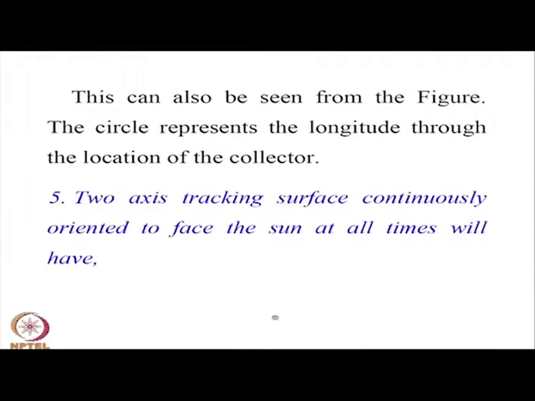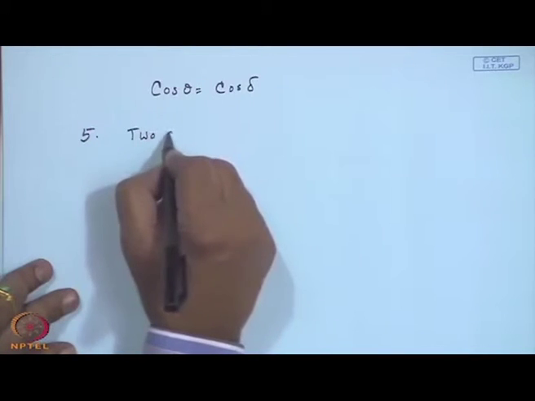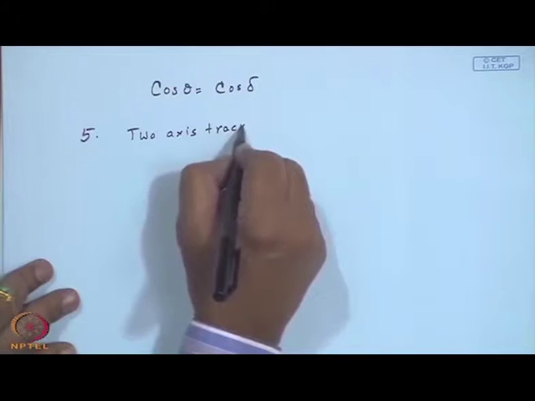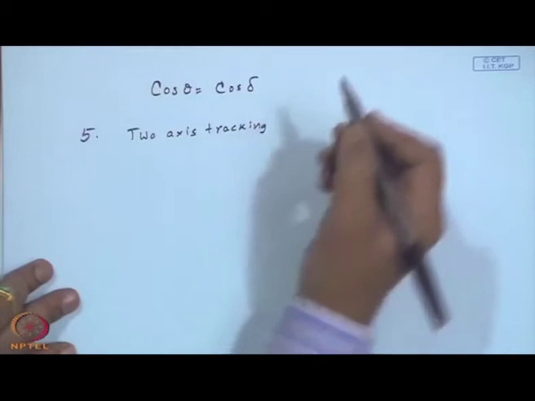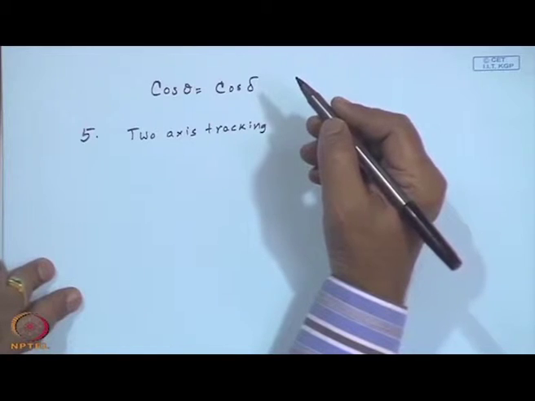Then last is two axis tracking. So, you do whatever you are doing in the case of tracking 4. In addition, you further see that the sun's ray is normal to the outer surface under consideration.